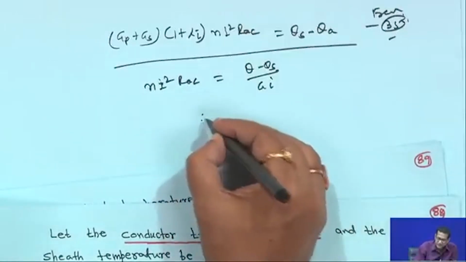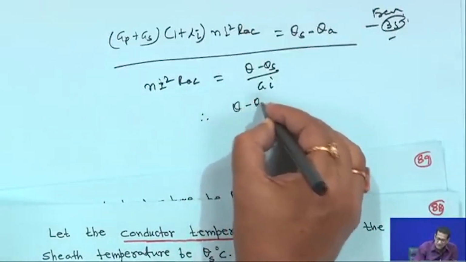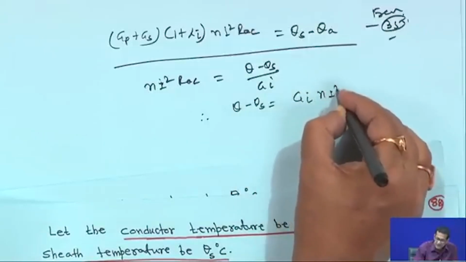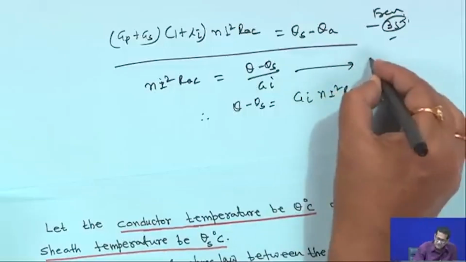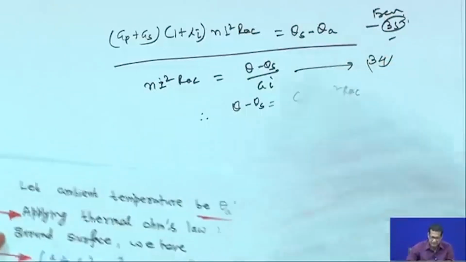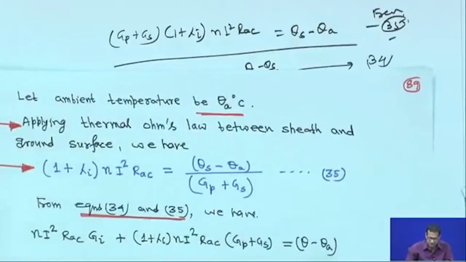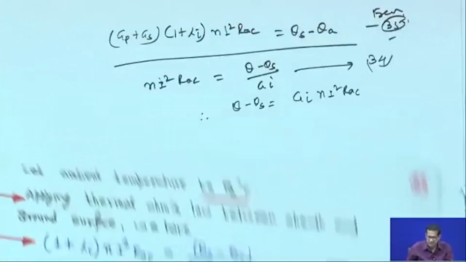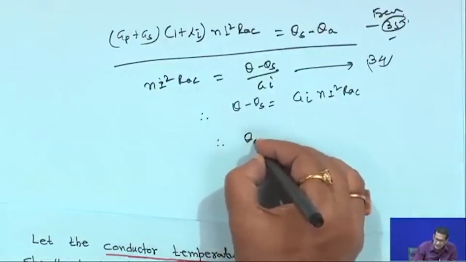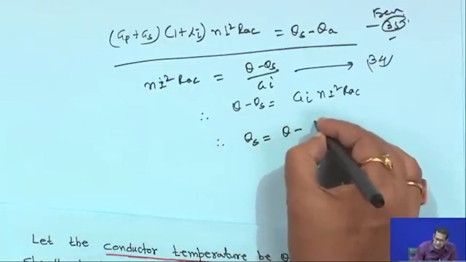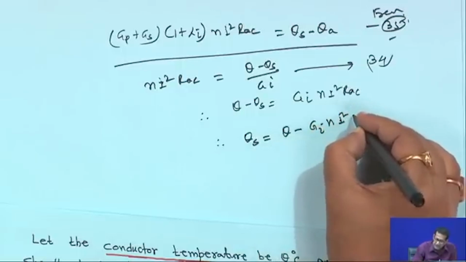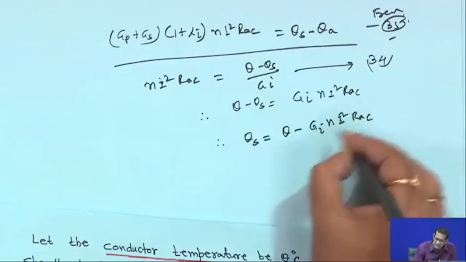That means theta minus theta s is equal to Gi, then n I square R A C. If you look in equation 35, theta s is not there, so you have to eliminate theta s. That means theta s is equal to theta minus Gi, then n, then I square, then R A C.